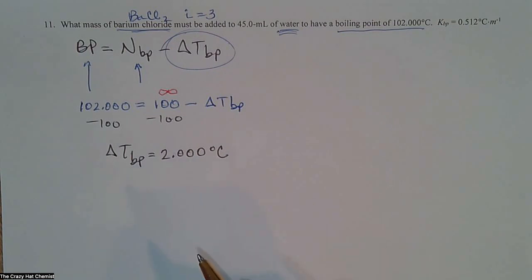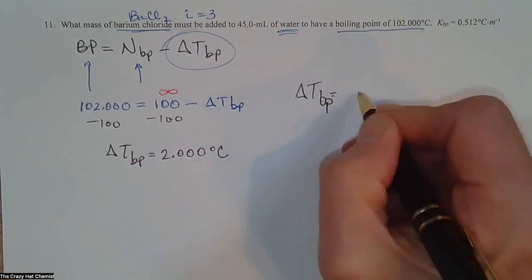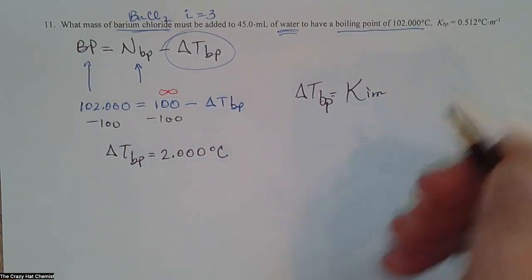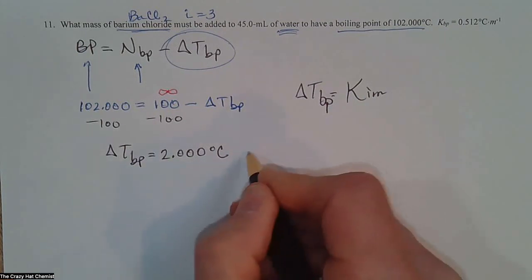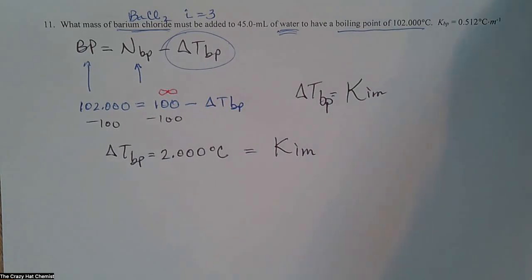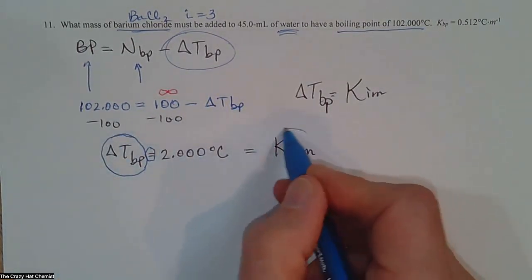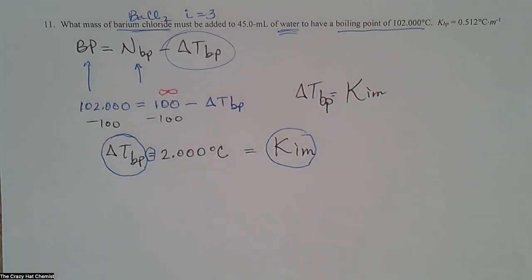Okay, so then the other thing is the change in temperature of the boiling point is equal to Kim. So our change in temperature of the boiling point is equal to Kim. All right, so what we're going to do is plug into here.